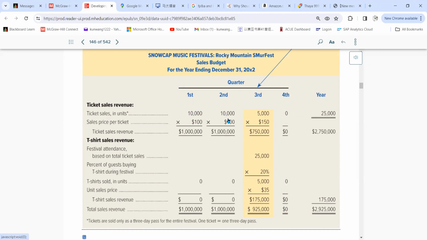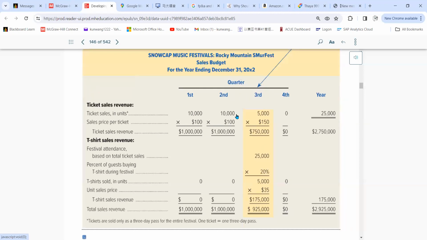In the first quarter and the second quarter, we pre-sell the ticket, with a discounted sales price, so 100 per ticket. And you have an estimate for 10,000 ticket sales.